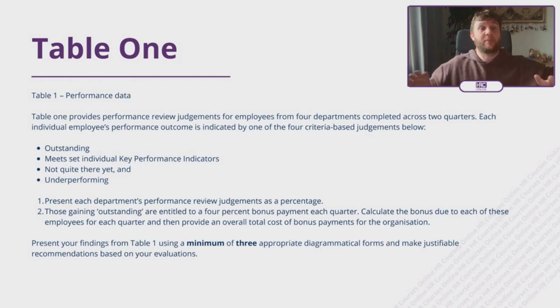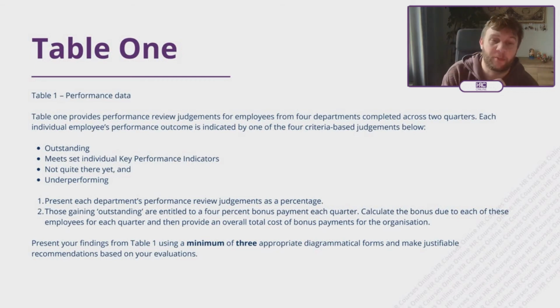So table 1 is performance data. Table 1 provides performance review judgments for your employees from 4 departments, completed across 2 quarters. Each individual employee's performance outcome is indicated by one of 4 criteria below: outstanding, meet set individual key performance indicators, not quite there yet, and underperforming.